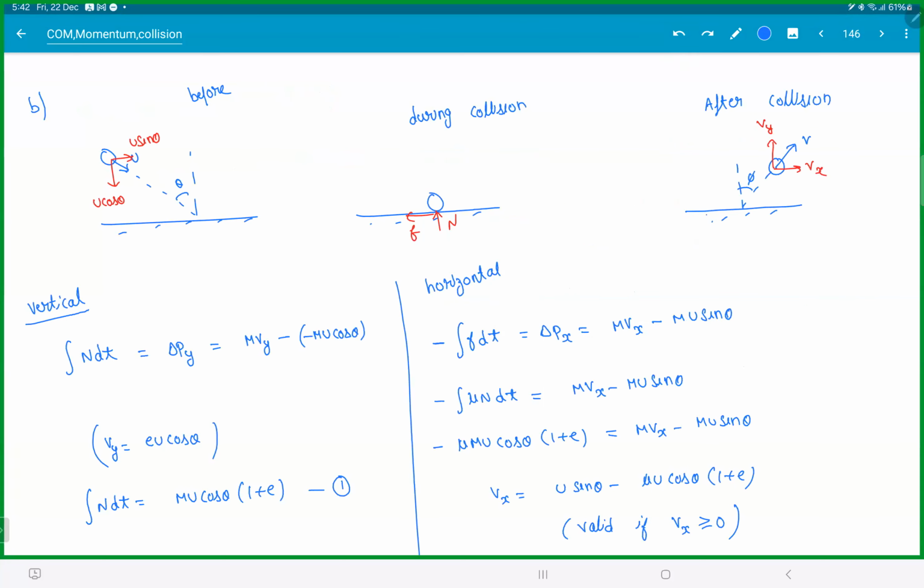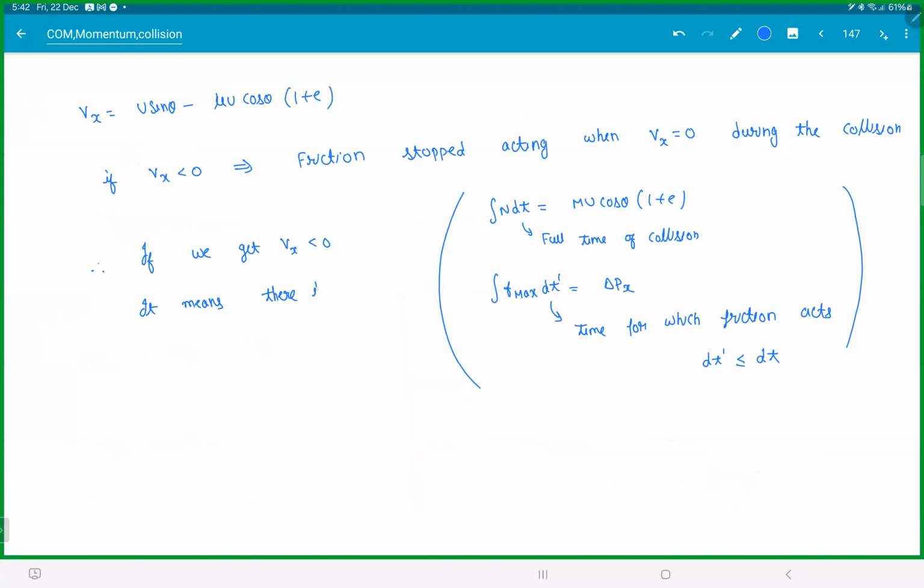So if we get Vx is 0, or Vx less than 0, it means there is no horizontal component. That is, Vx actually became 0.